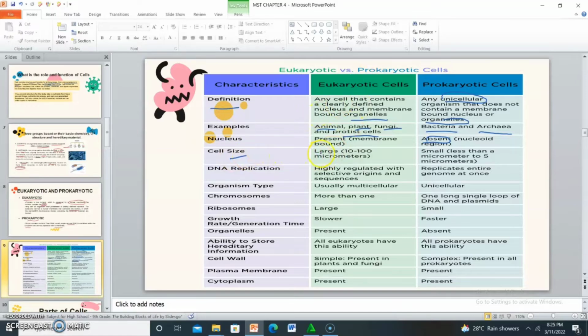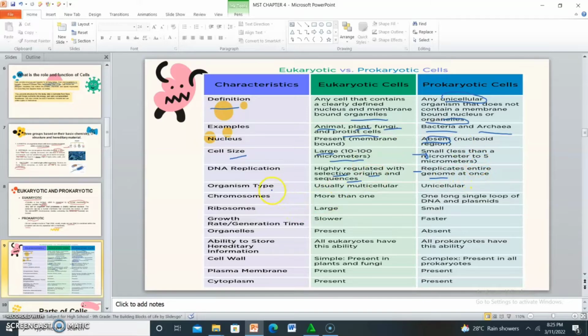The next one is cell size. Eukaryotic cells are larger, 10 to 100 micrometers, while prokaryotic cells are small, less than a micrometer to 5 micrometers. In DNA replication, eukaryotic cells are highly regulated with selected origins and sequences, while prokaryotic cells replicate the entire genome at once.